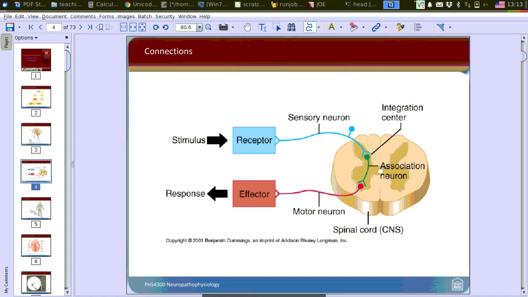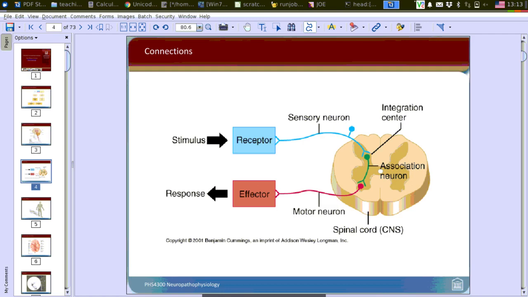For example, it could be skeletal muscle or cardiac muscle or the intestine to produce a response. So this is a very simple network, but it shows the principles used by the nervous system. That is, it's the connection of neurons, how they're connected, that leads to the function of the nervous system.